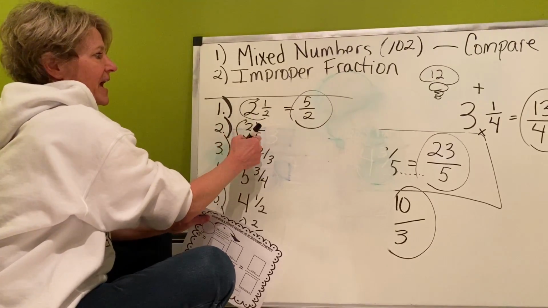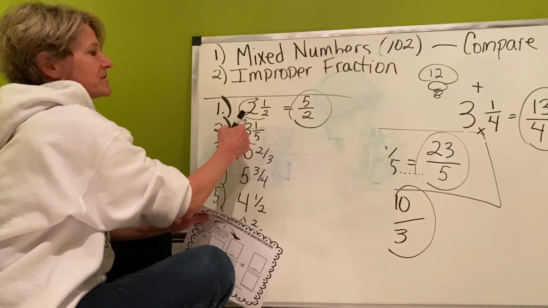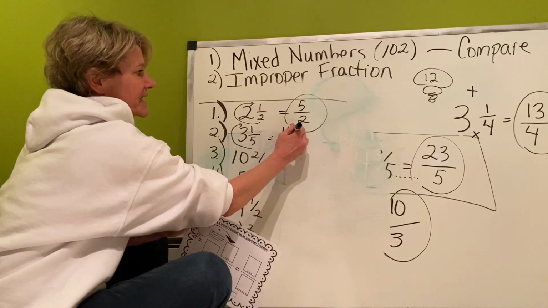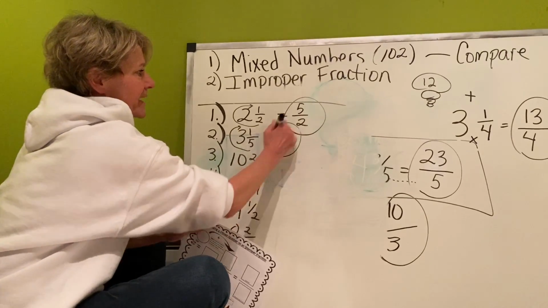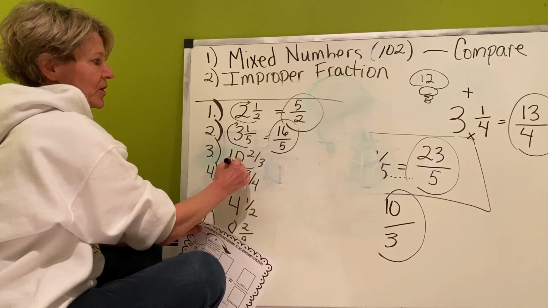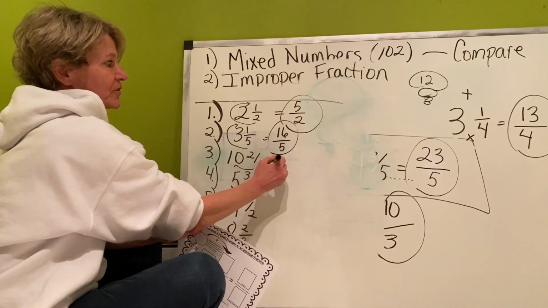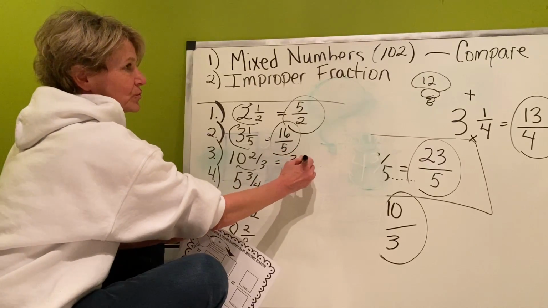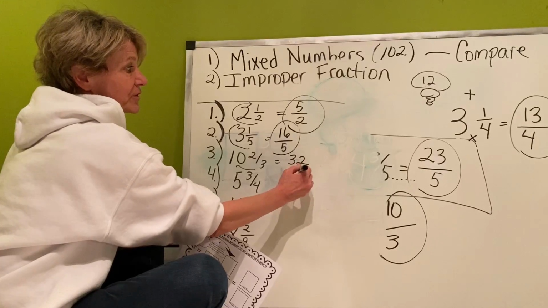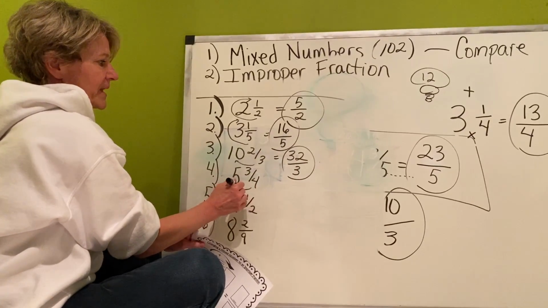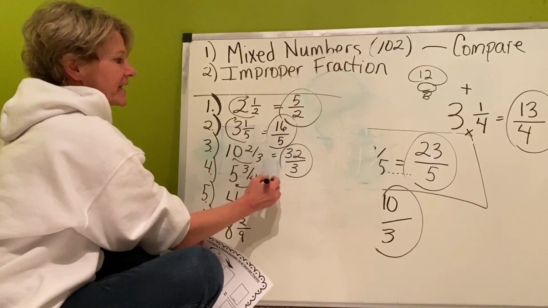Multiply and add. 5 times 3 is 15. 15 plus 1 is 16. Keep the denominator the same. Done. What do you think this one's going to be? Did you think 32 thirds? That would be right. Done.